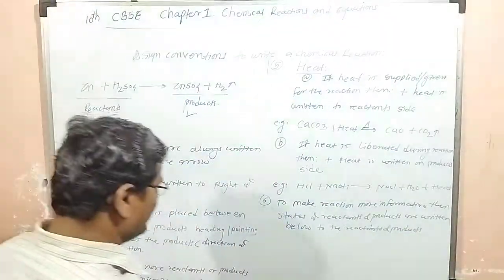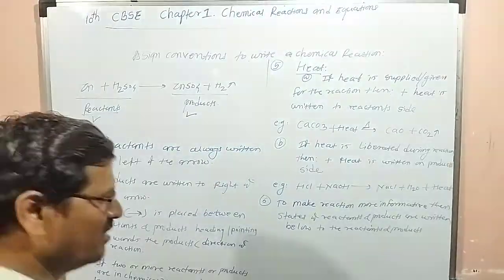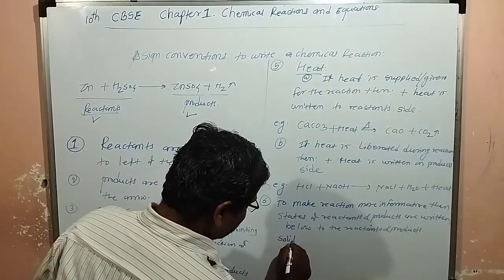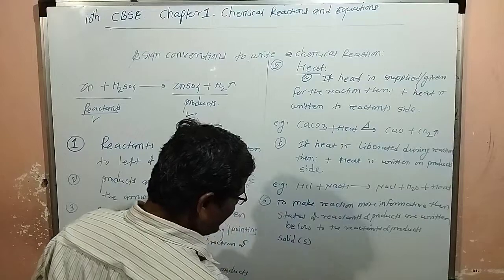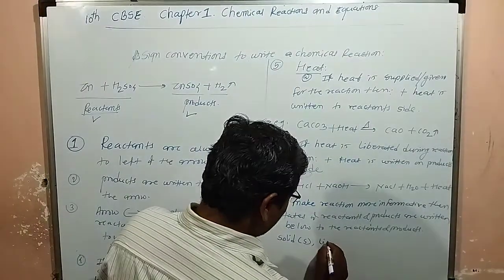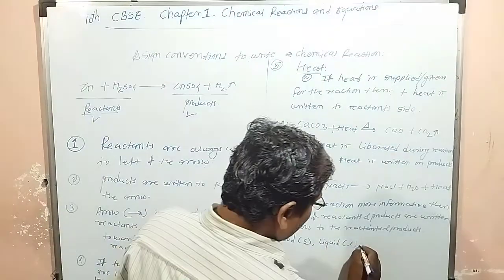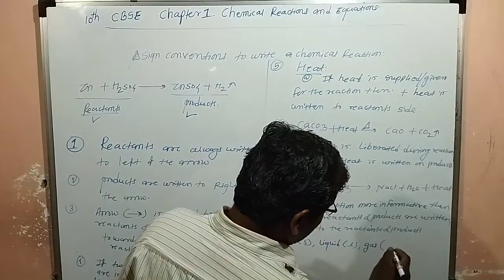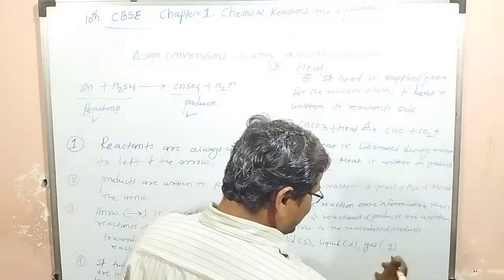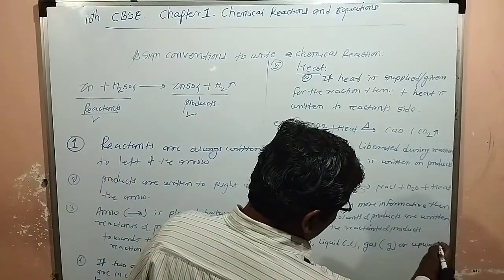If it is solid, you write (s) in brackets. If liquid, you write (l). If gas, you write (g) in brackets, or you can write an upward arrow.